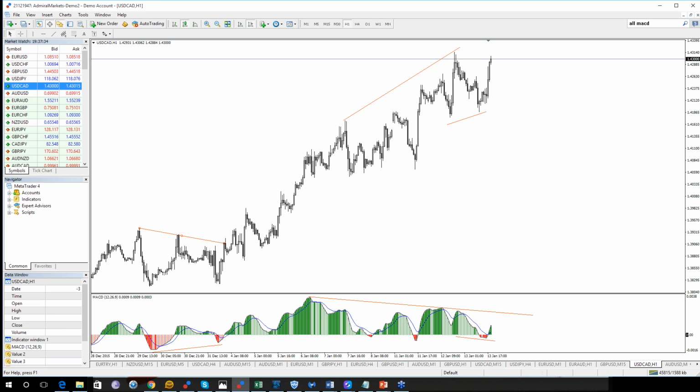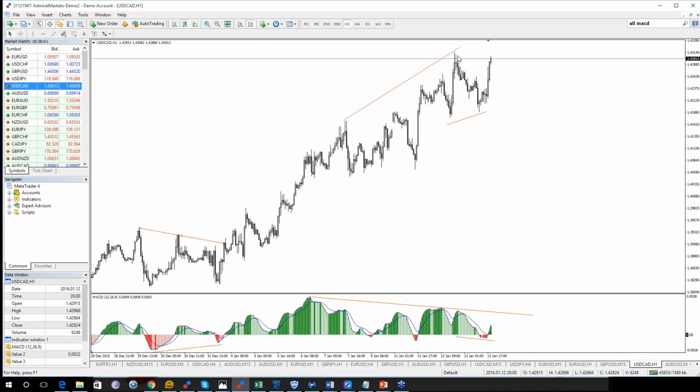But you can say this was a hidden divergence. But usually it's very easy to identify. If you see that MACD is still above zero here, this line, and you see a higher low, it's basically a hidden divergence. So as I say, I mostly use a regular divergence.